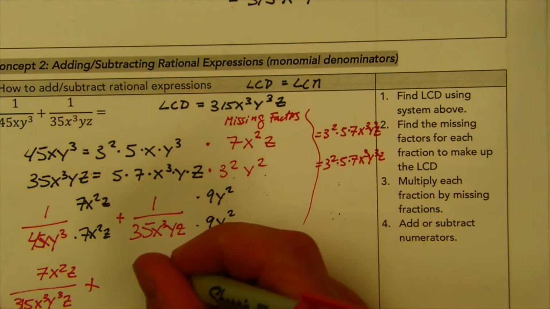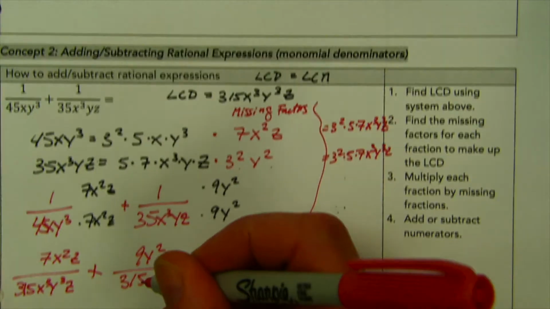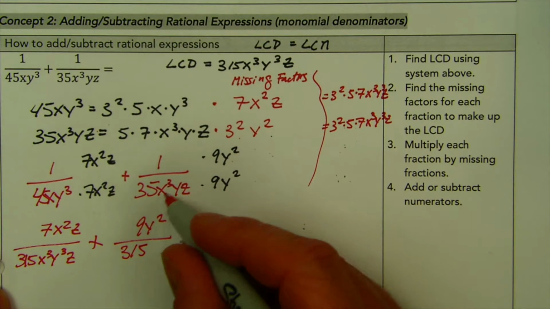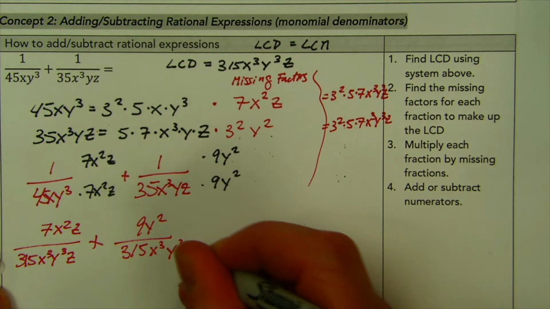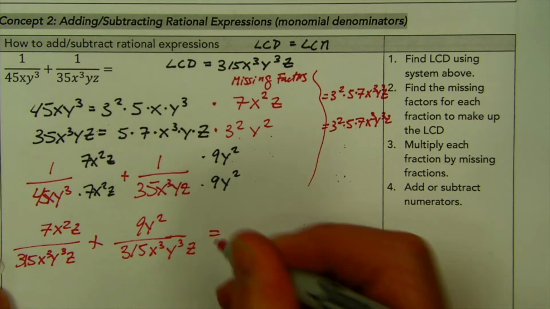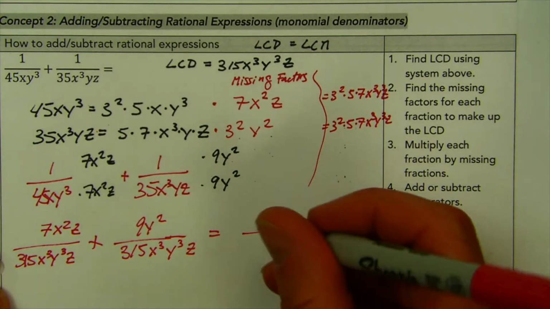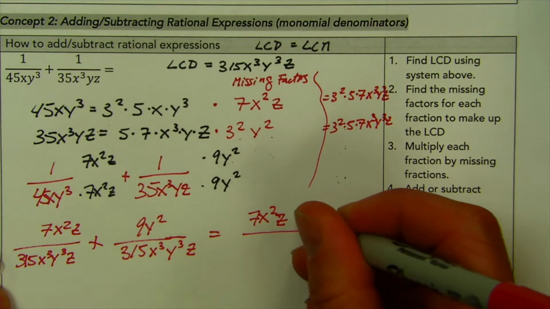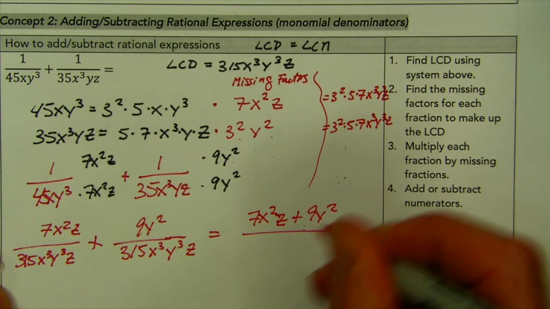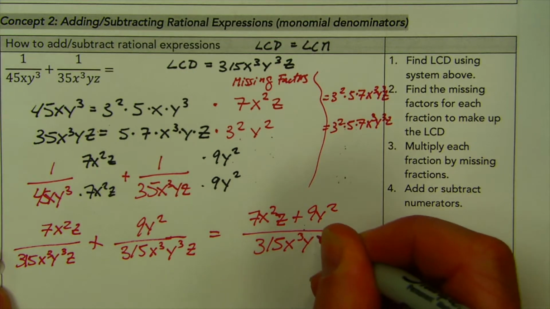And we got 9y squared over 315 x cubed. y times y squared is y cubed, and z. Do we have an LCD? We do, they're both the same. Combine the fractions, put them on top. So we got 7x squared z plus 9y squared over 315 x cubed y cubed z.